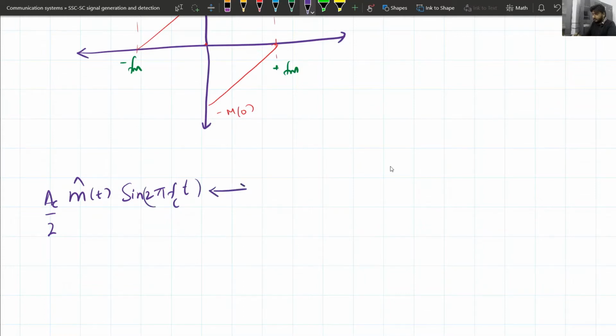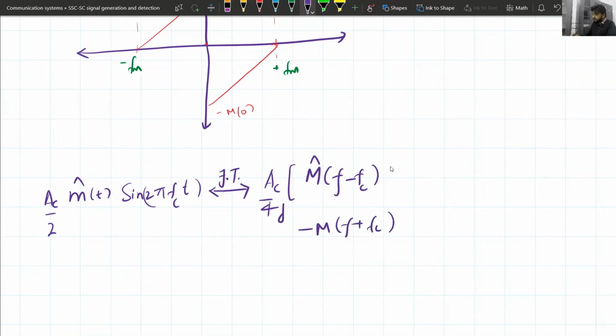So if we represent the same using the Fourier transform, it will be AC by 4 and of course j, that will be capital M hat(f minus fc) minus M(f plus fc), right?